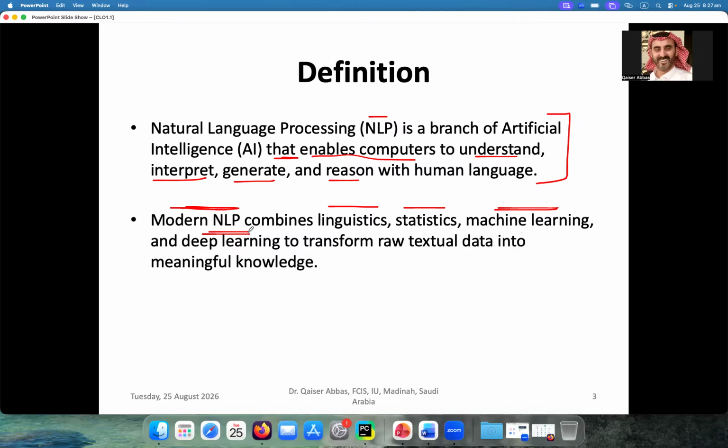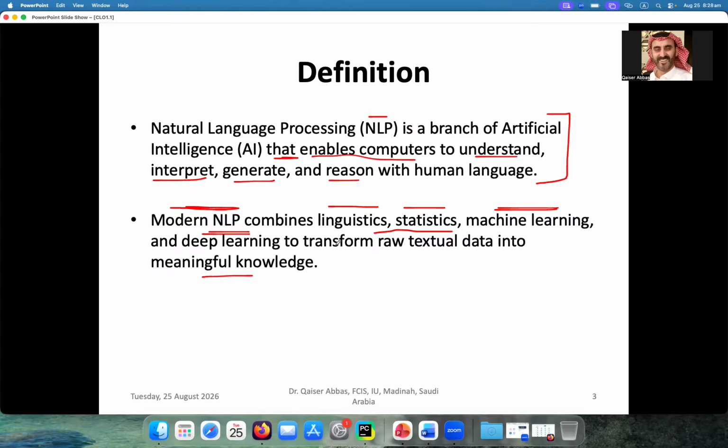So modern NLP is using these three or four different subfields to transform raw text into meaningful knowledge.